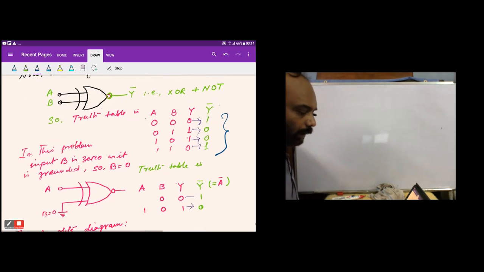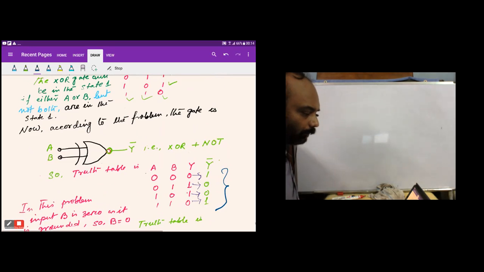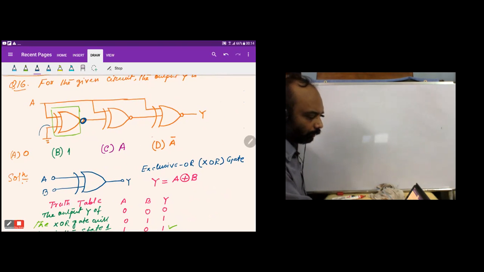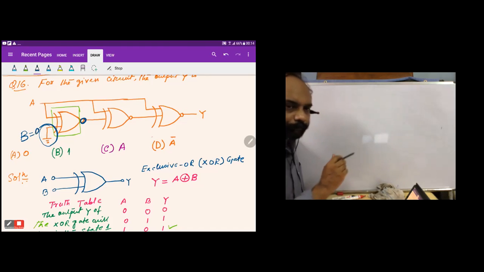Now, in this problem again, we see that one of our inputs is grounded. So if I consider this is B, which is grounded, that means B is 0.